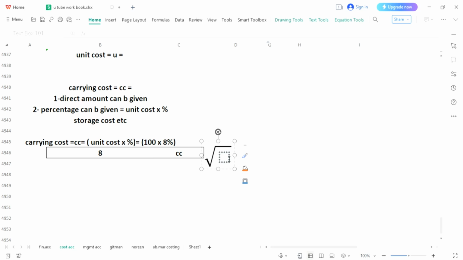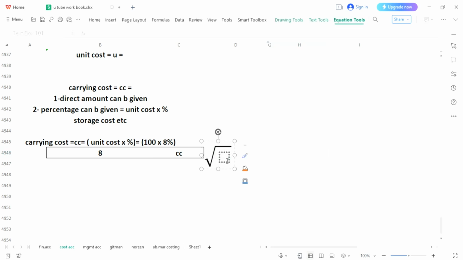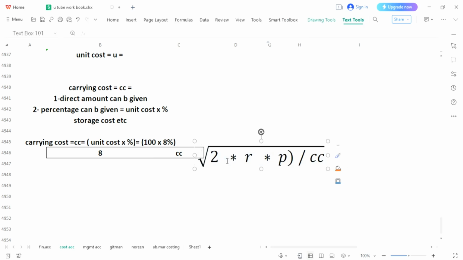The very first thing which you would write over here is 2, and it would be multiplied with R. So I am taking the asterisk sign for multiplication, and then R. Again you will multiply it with P, bracket close, and divided by CC. Starting bracket is also important, so put a bracket over here.